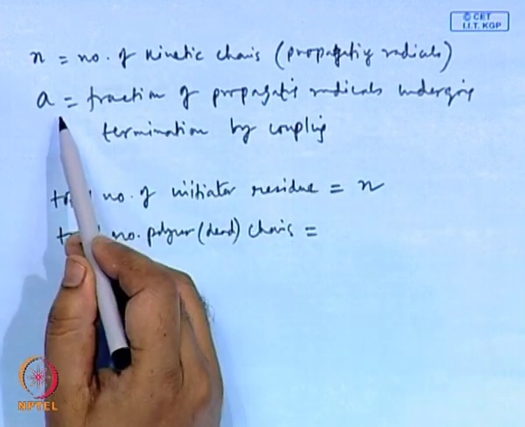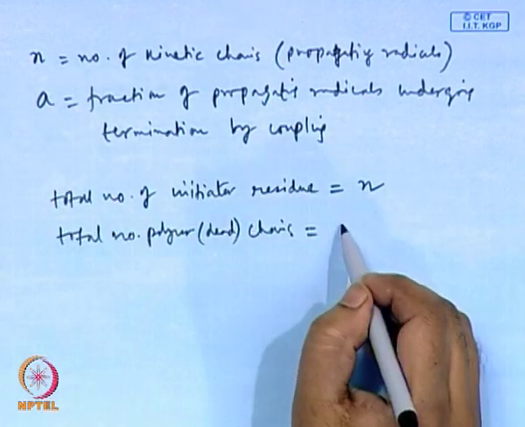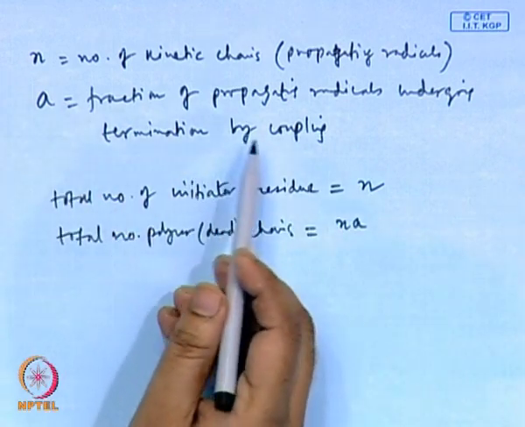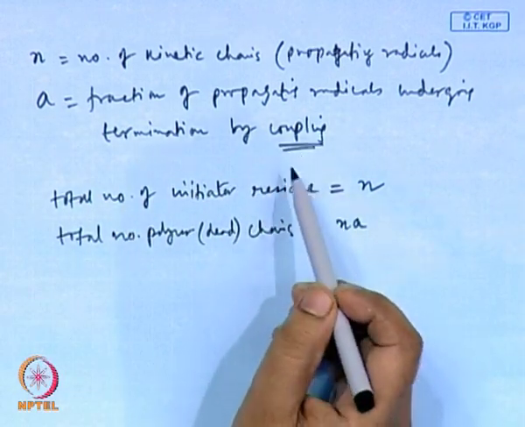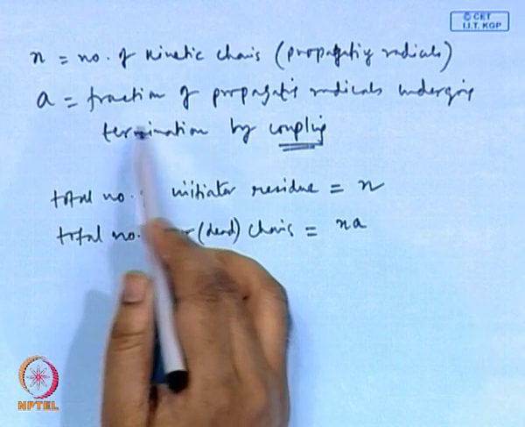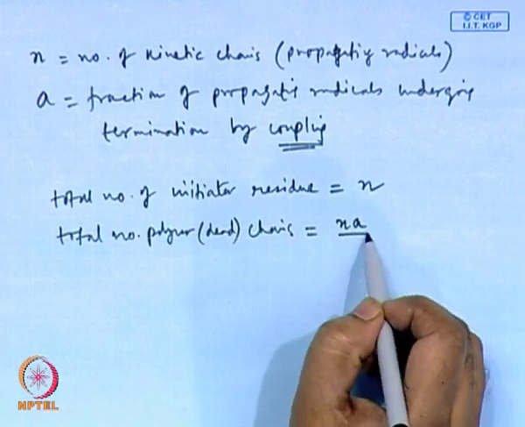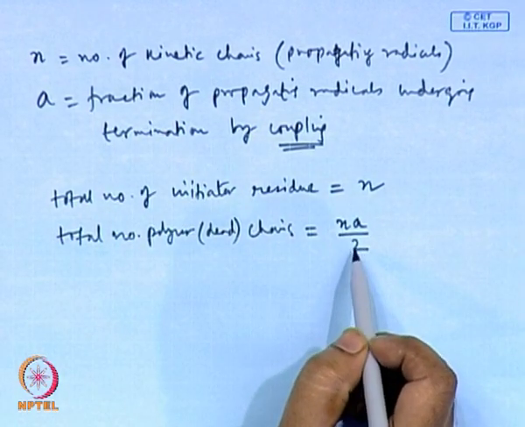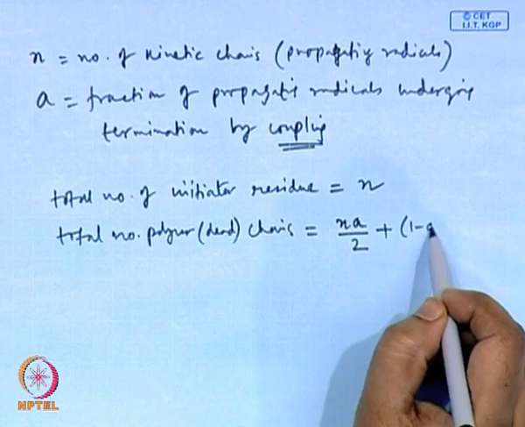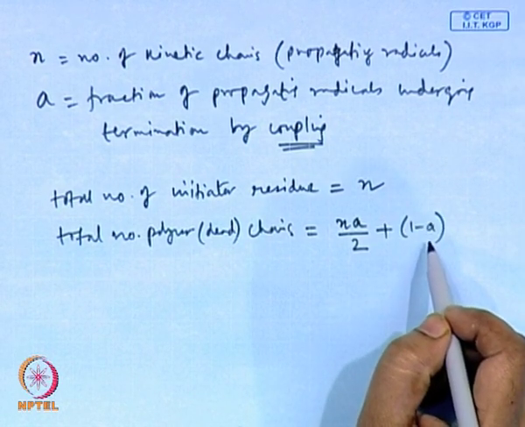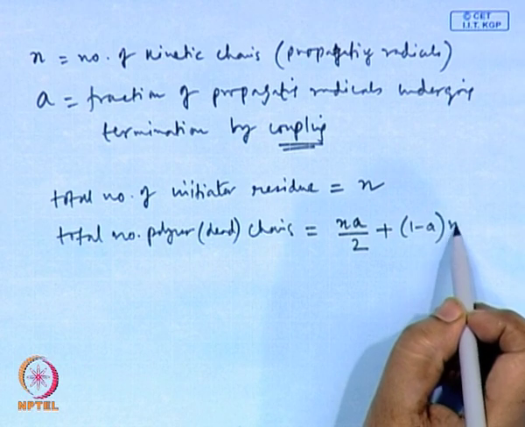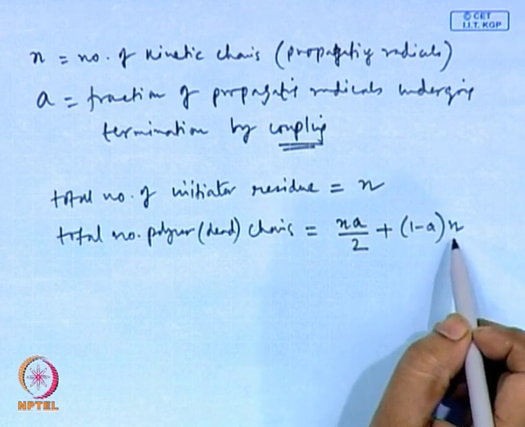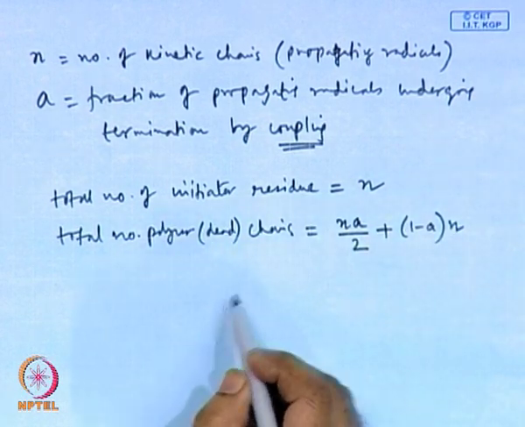A is the fraction, so N A is the number undergoing termination by coupling. 2 of them produce 1 chain, so N A will produce N A by 2 chains, and the rest, 1 minus A, which undergo termination by disproportionation, will form (1 minus A) N chains.